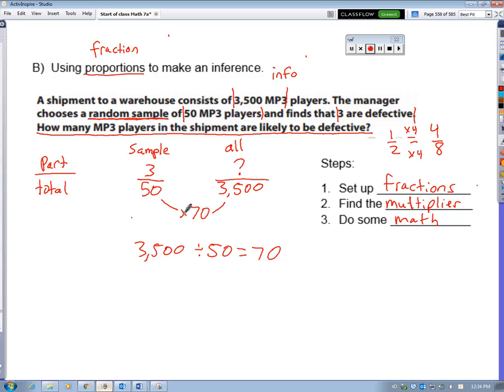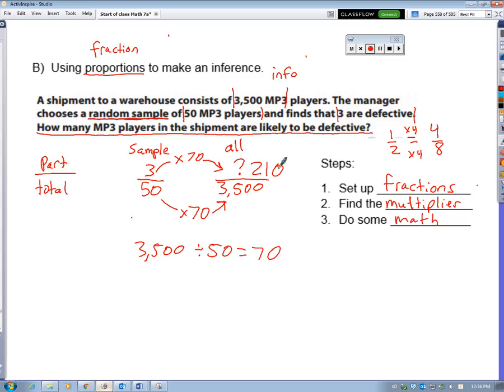50 times 70 gives me 3,500, and because we're making an equivalent fraction, we are also going to multiply 3 by 70 to get this number over here. So 3 times 70 is going to get me 210.